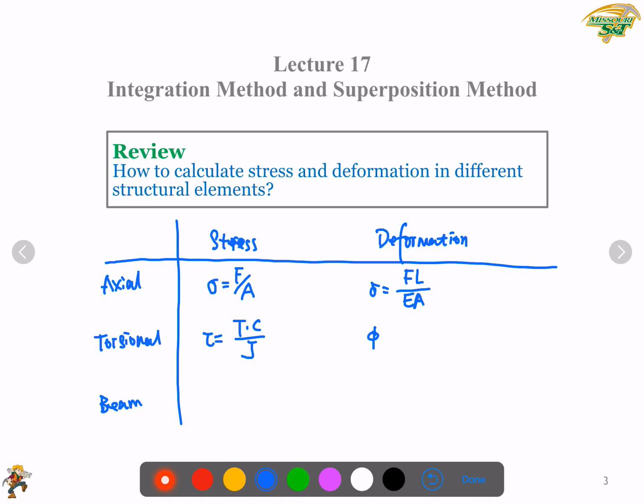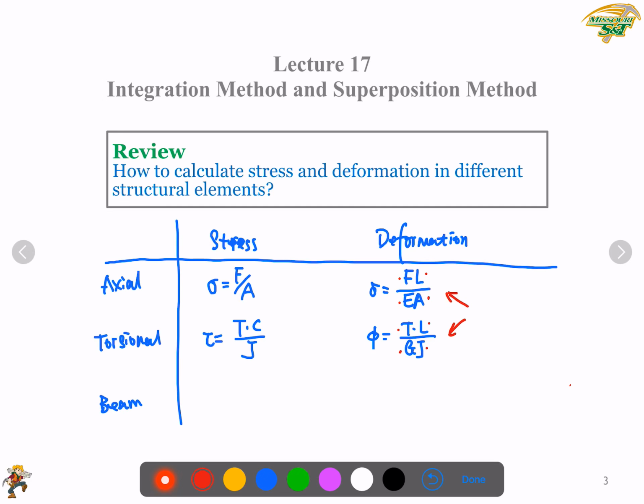That is phi equals TL over GJ. You can compare these two equations. You can find the loading, length, modulus, and section properties, that is A and here is J. So these two equations are very similar.